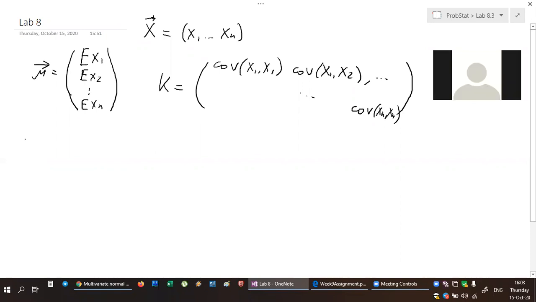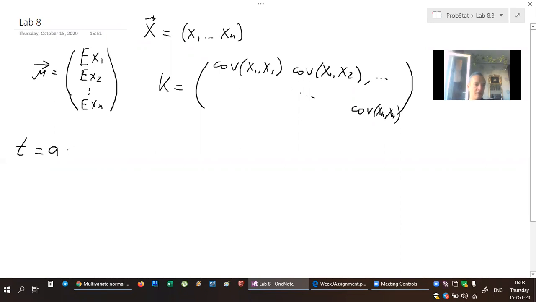If we have some random variable t, which is a linear combination of other normally distributed random variables, then this random variable t also has a normal distribution with some parameters, a prime and sigma square. Because I used a here, I try to put another value.